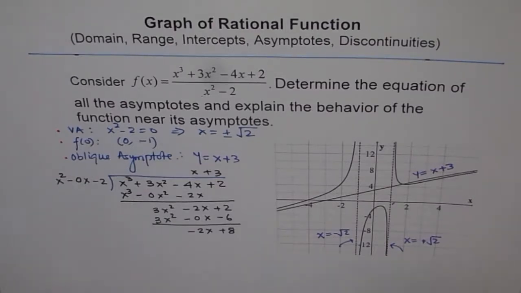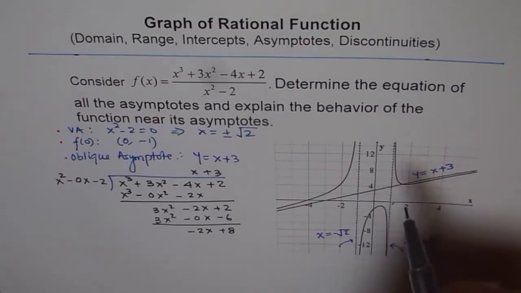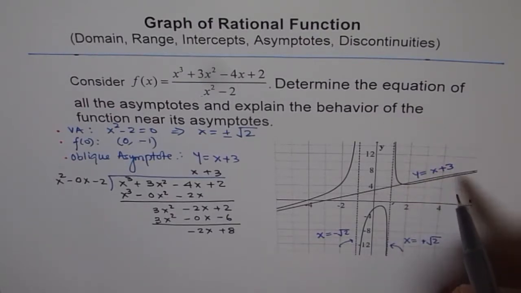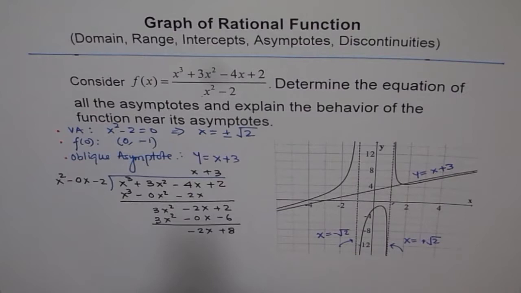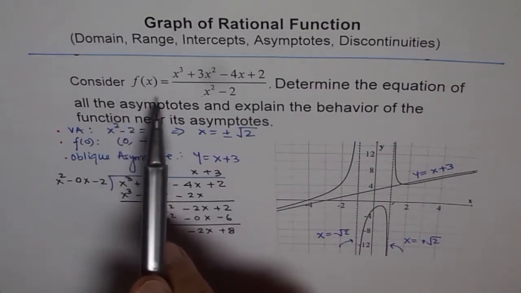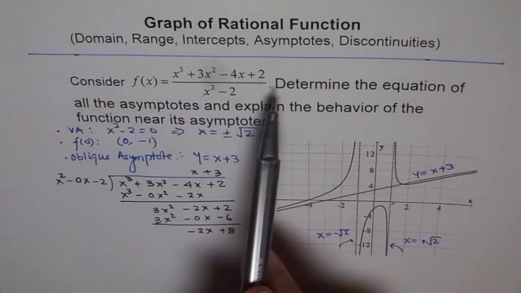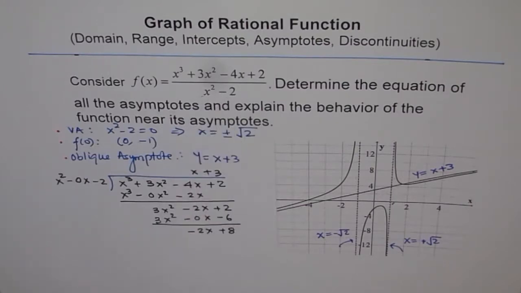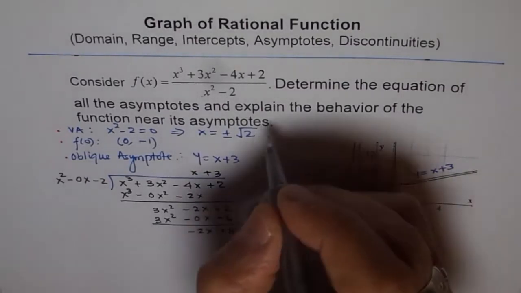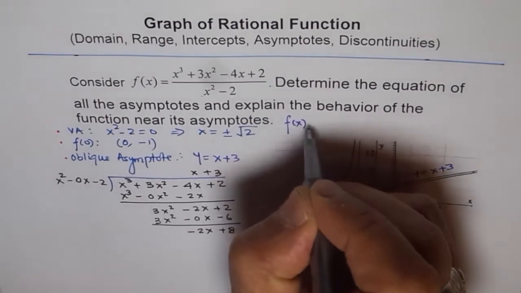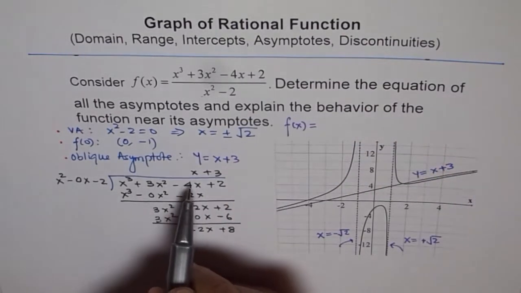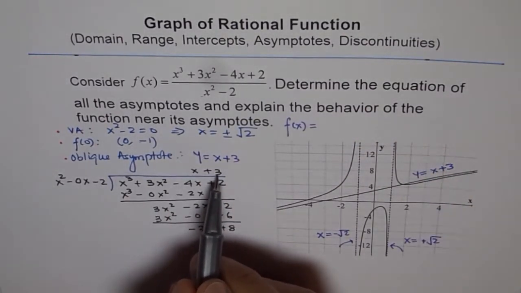Now, another important thing here is the behavior near the oblique asymptote. Let's look into that part. Let me write down the division statement now. We have f of x equals x cubed plus 3x squared minus 4x plus 2 divided by x squared minus 2, right? Let me write this function as f of x equals x plus 3, do you see that?